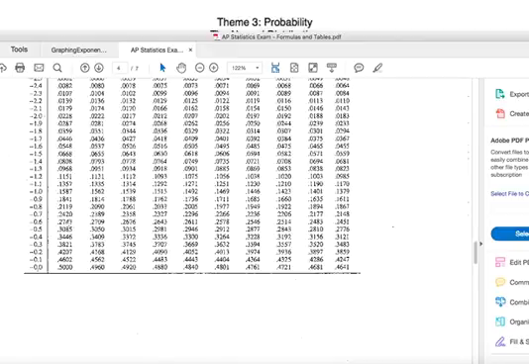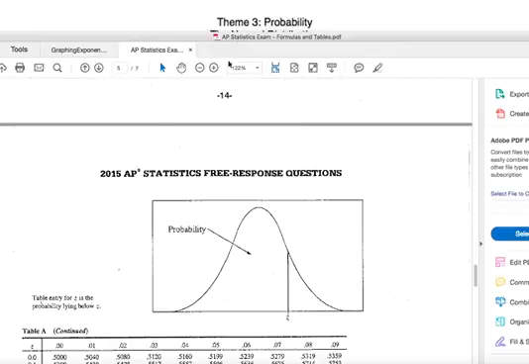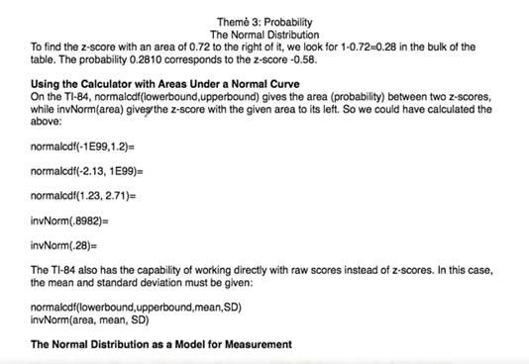All right, so you're going to be looking for 0.28, not 0.028. So 0.28. Looking in this particular area, it looks like the closest one we have is right here. That would be negative 0.6.